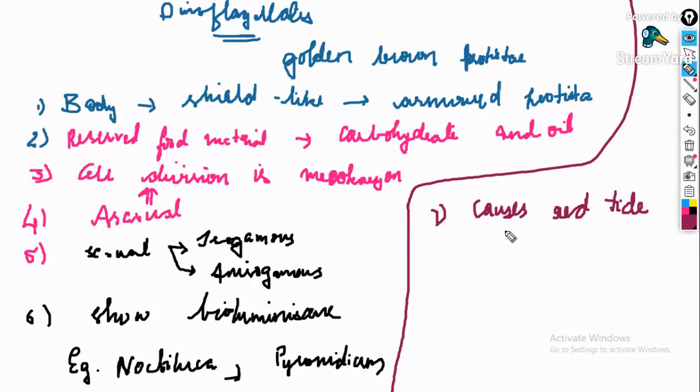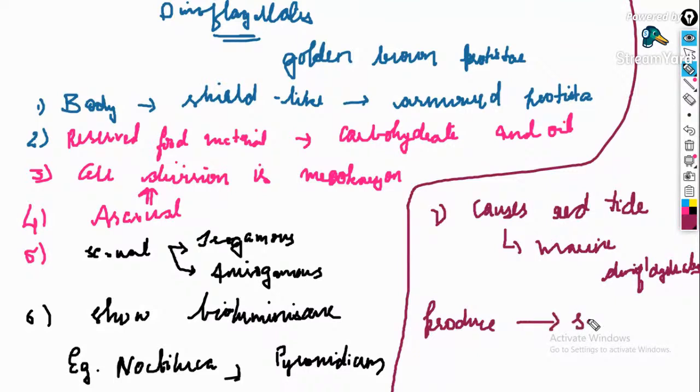That is, marine dinoflagellates cause red tides and they produce a toxin known as saxitoxin.